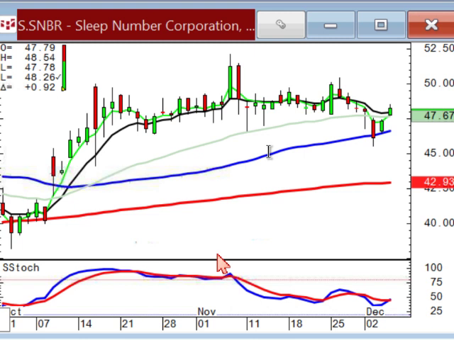He loved candlesticks, and he said, take a look at the 8 exponential moving average. Look at the probabilities of this acting as a support and resistance level. Basically, he came up with the fact that if you see a candlestick buy signal and a close above the T line, you can stay long until you see a candlestick sell signal and a close below the T line. So, convergence analysis.